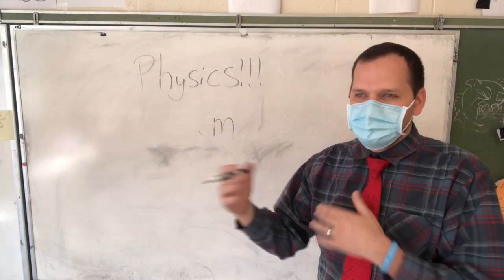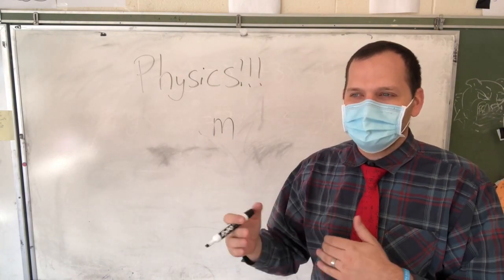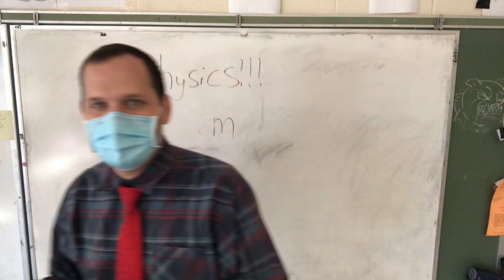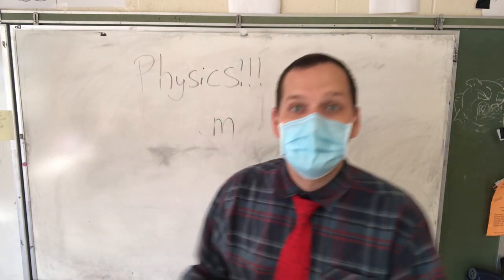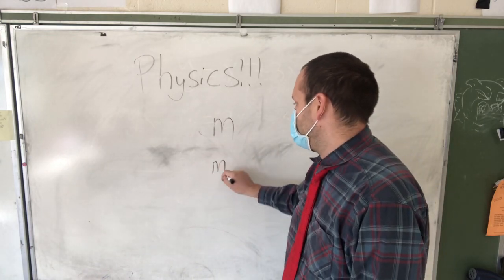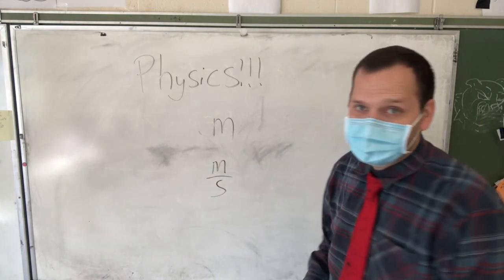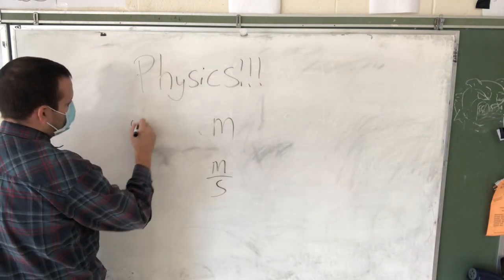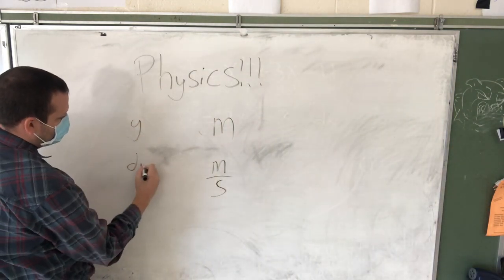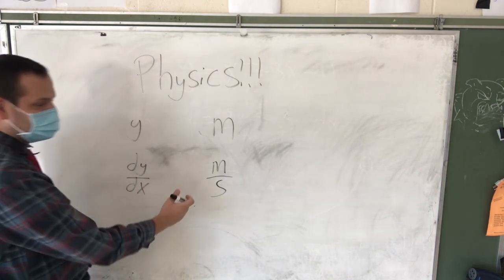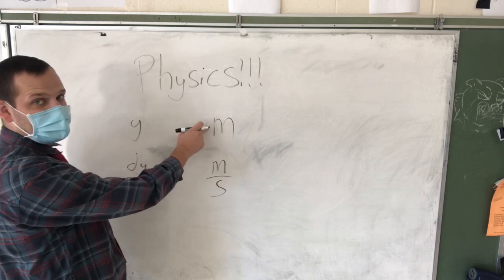Well, whenever your distance changes, aren't you moving? Okay? You're either moving fast, you're moving slow, but you're moving. All right? When you're moving, they call that meters per second. Hey, that's why this is dy dx. Ooh, it's like a derivative. Speed is a derivative of distance.